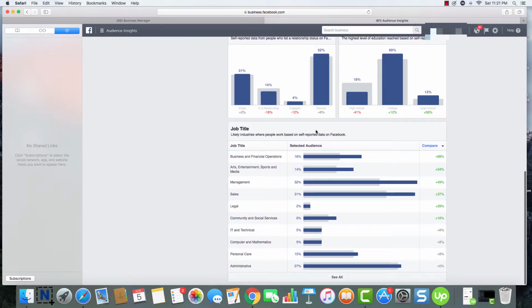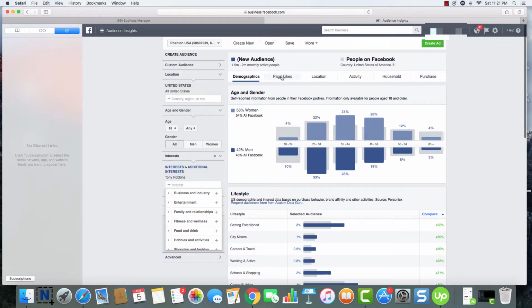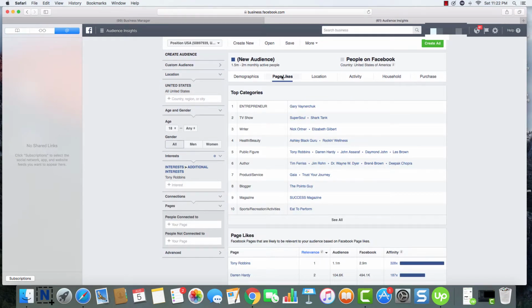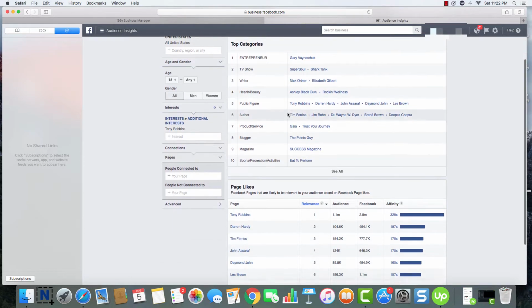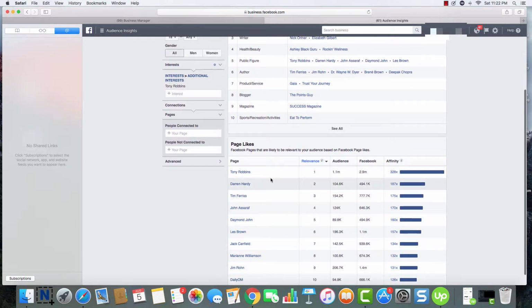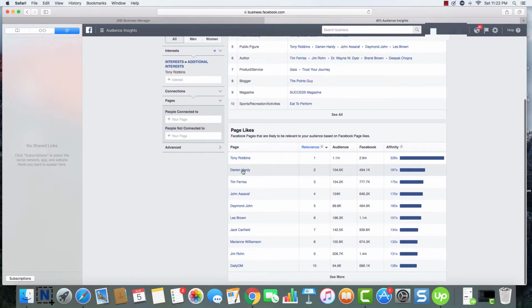So once we go down here to job titles, we can see administrative, management, and sales. But I want to dive deep. So we'll go to page likes. And when we get this pulled up, we can start seeing the audiences that are closest in similarity to Tony Robbins. So all of these are different audiences, and they're starting to get really, really good at this relevance.